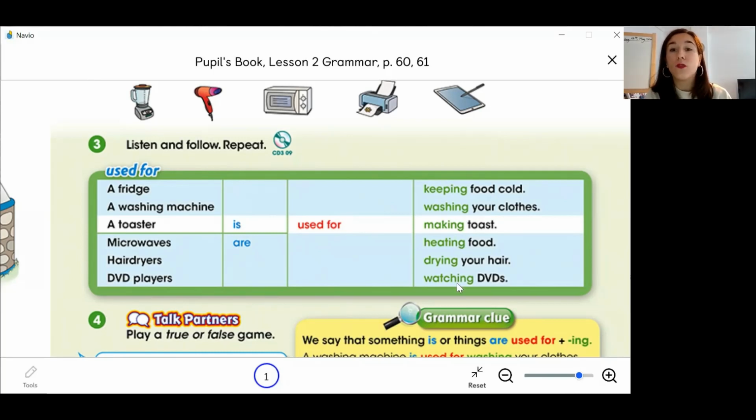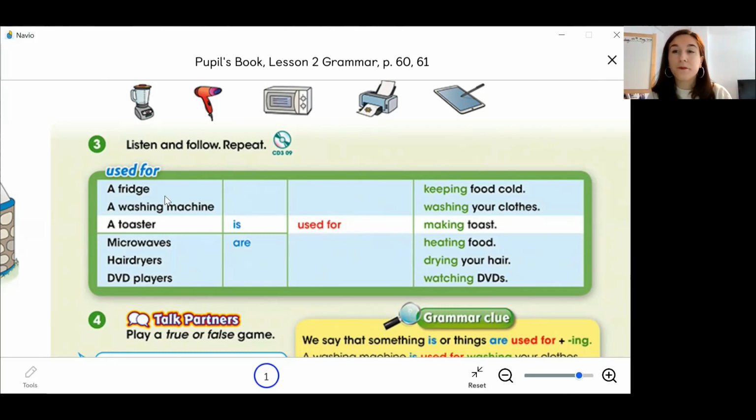And then we have to write a verb with ing: keeping, washing, making, hitting, drying, watching, jumping, running, okay, reading, writing, okay? For example, a pencil is used for writing notes. But I can also say markers are used for making beautiful titles for English, okay?